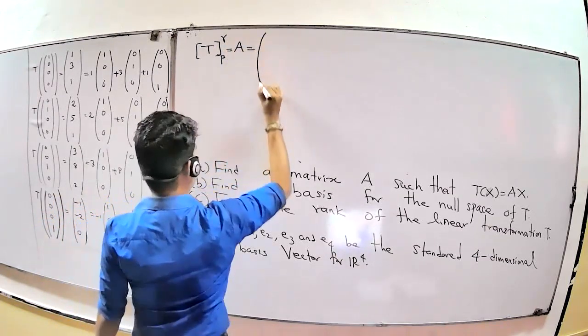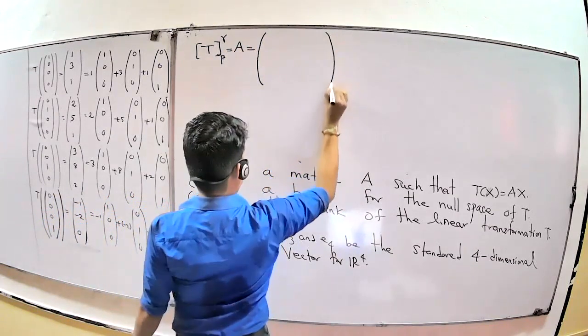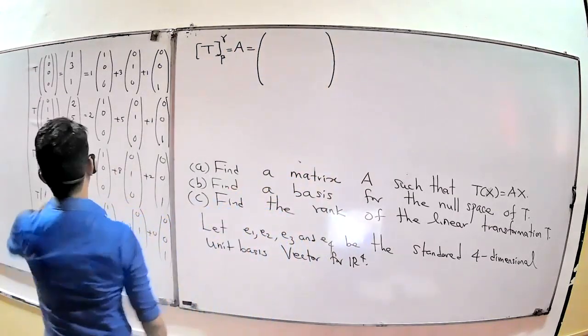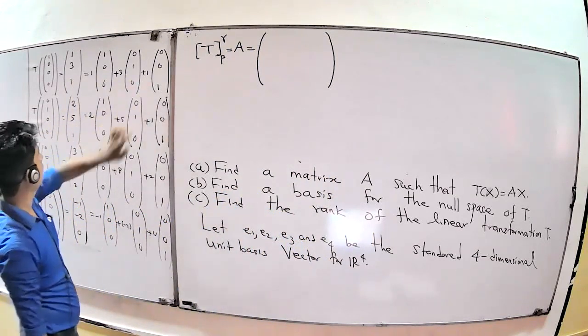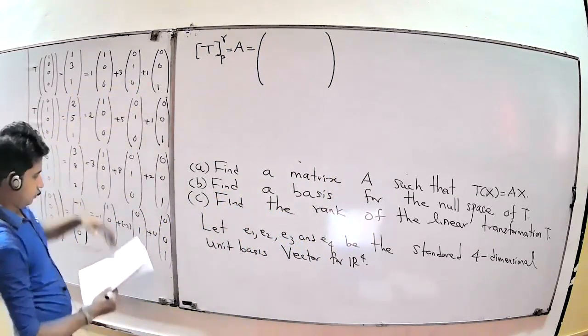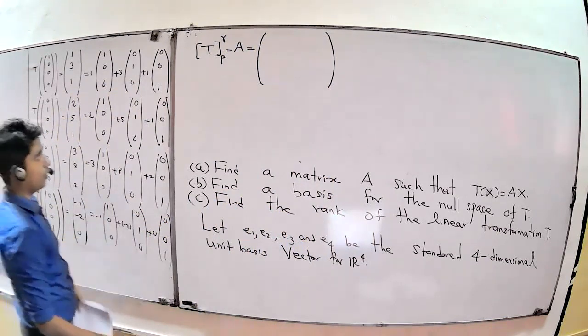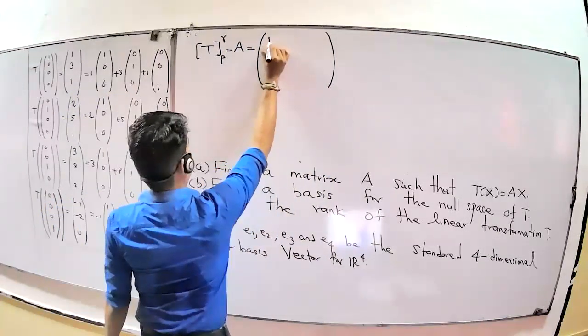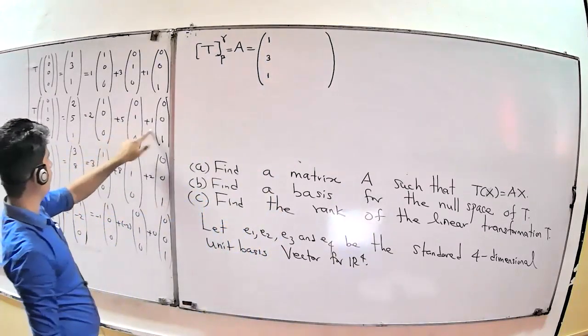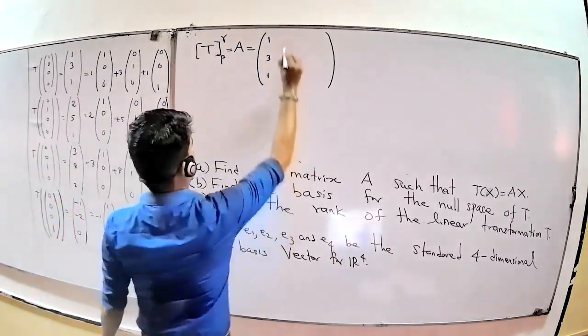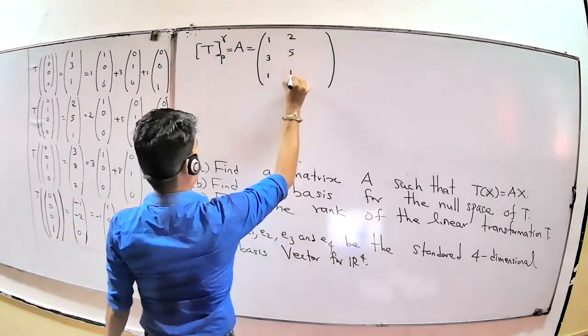This is of the form, you can write these values column-wise. Here 1 3 1, you write column-wise 1 3 1. Here 2 5 1, you write column-wise 2 5 1.